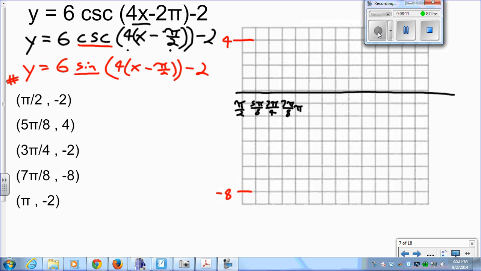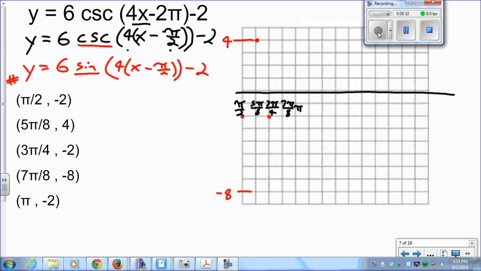So we had values for my sine graph at pi over 2. It was -2. And then for 5 pi over 8, we were at 4. At 3 pi over 4, we're back to -2.